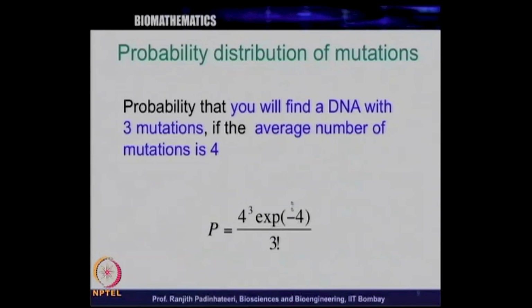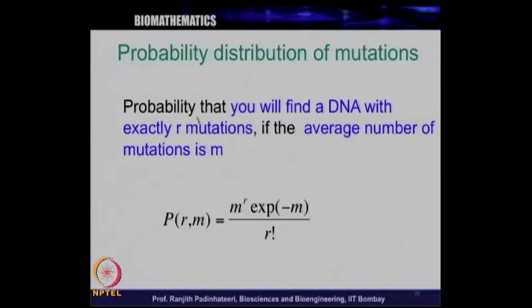Let us generalize this. The probability that you will find a DNA with exactly r mutations, if the average number of mutations is m.